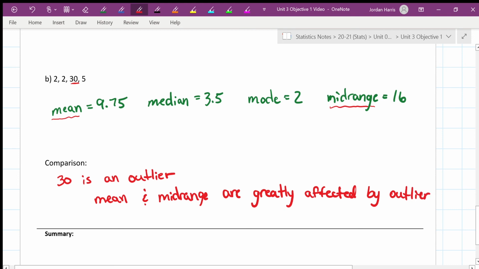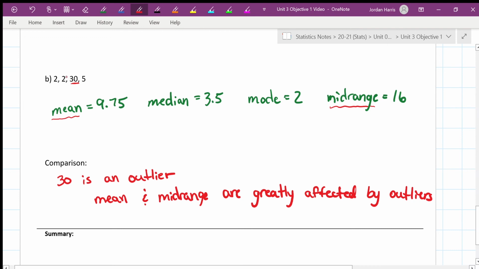Okay, and that is why we have multiple central tendencies. We have different avenues we can go down to get the best summary of our data, right? If you remember from chapter 1, this is talking about your statistic and parameter, right? Summarizing data. So we want to summarize the data in the best possible way based on what we're given.